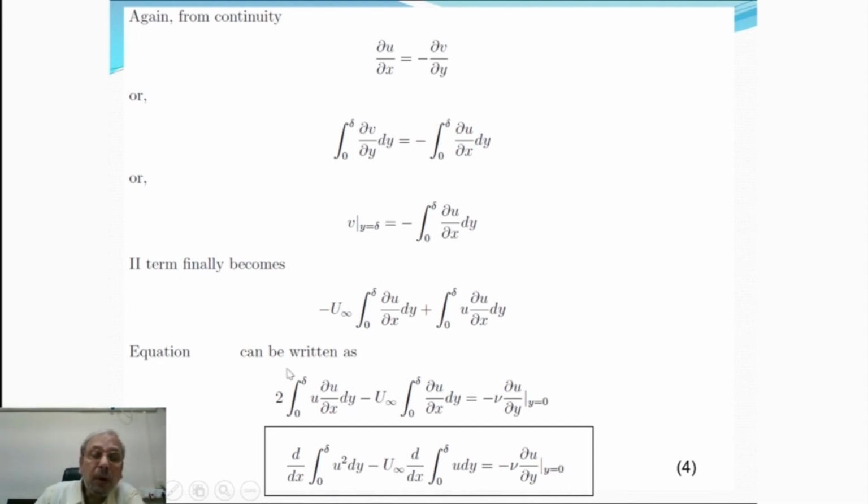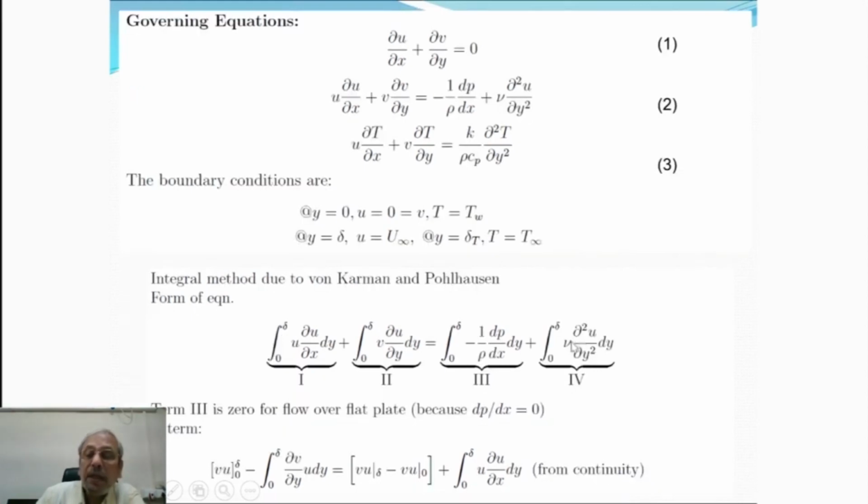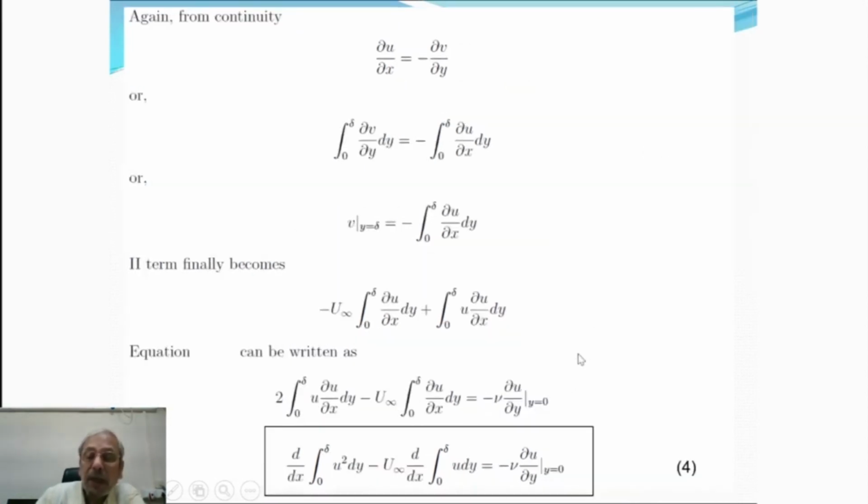Now combining all the terms, we get twice integral 0 to delta u ∂u/∂x dy minus u infinity integration 0 to delta ∂u/∂x dy equal to minus nu ∂u/∂y at y equal to 0. Nu ∂u/∂y at y equal to 0 is shear stress divided by rho, because we have nu. So this is a term which means shear stress by rho.